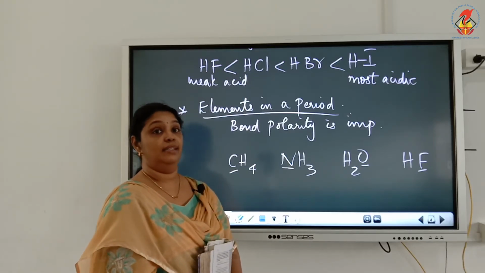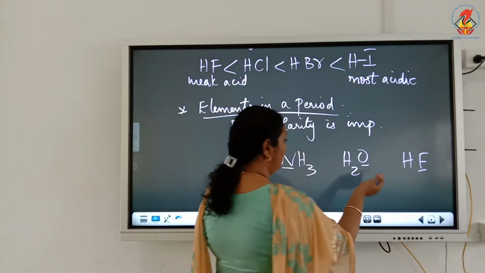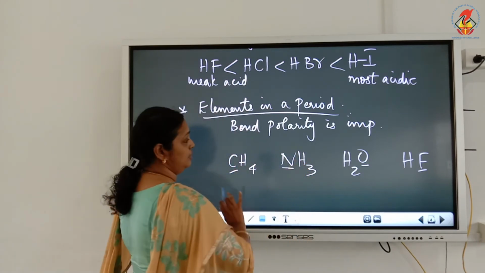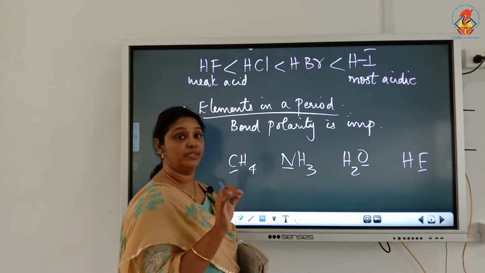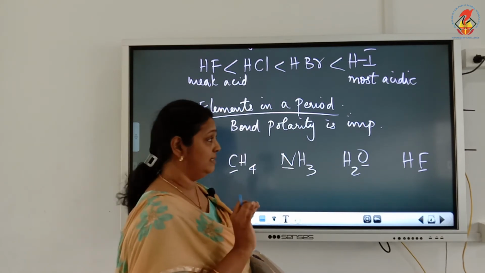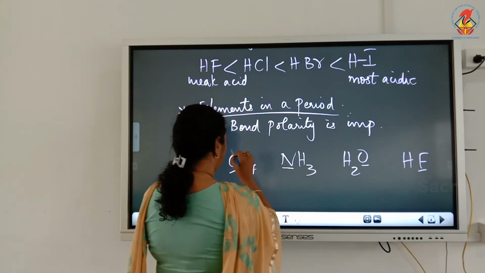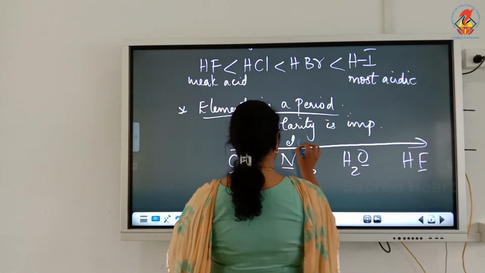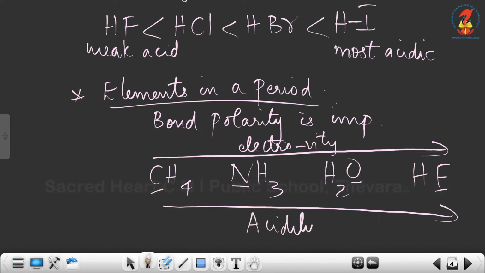You can see the maximum electronegativity difference is for HF, H2O comes after that, NH3 after that, and CH4 has the lowest. The electronegativity difference between carbon and hydrogen is very small, but hydrogen and fluorine is very high. So the electronegativity difference increases in this order, and when it increases, acidity increases.